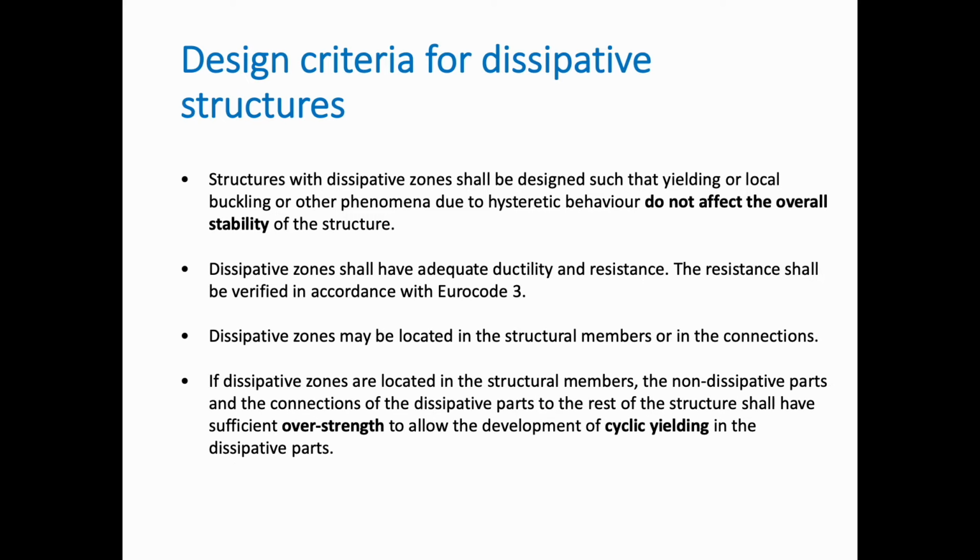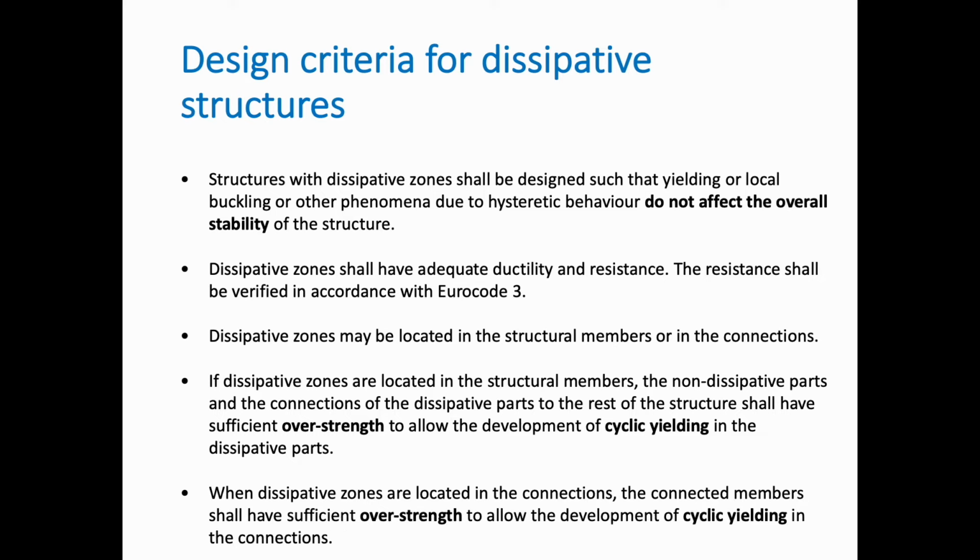If dissipative zones are located in the structural members, the non-dissipative parts and the connections of the dissipative parts of the structure shall have sufficient overstrength to allow the development of cyclic yielding in the dissipative parts. And vice versa, when dissipative zones are located in the connections, the connected members shall have sufficient overstrength to allow the development of cyclic yielding in the connections.